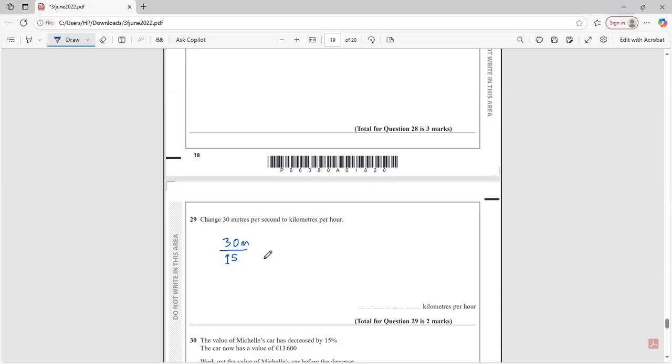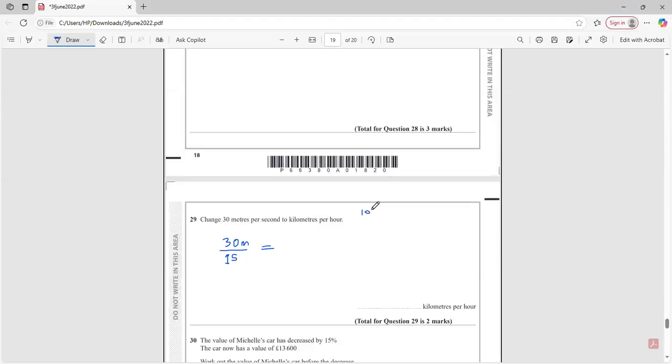So when they now say change something like this to a different unit, that means that we have to find something that's equivalent to it. Now, if I were to convert 30 meters to kilometers, I want you to see what I'm going to do here. We know that 1,000 meters makes 1 kilometer, right?